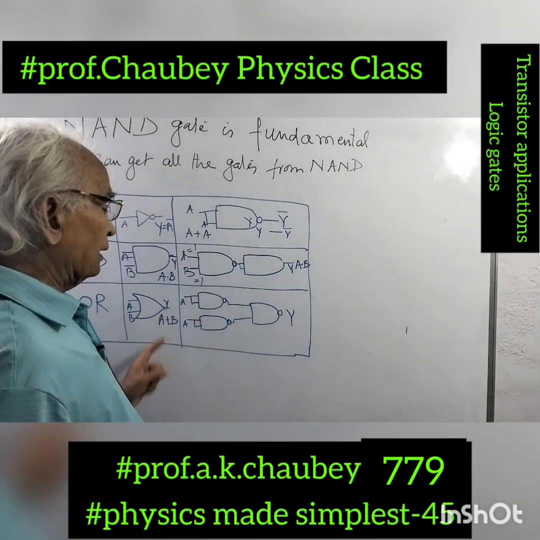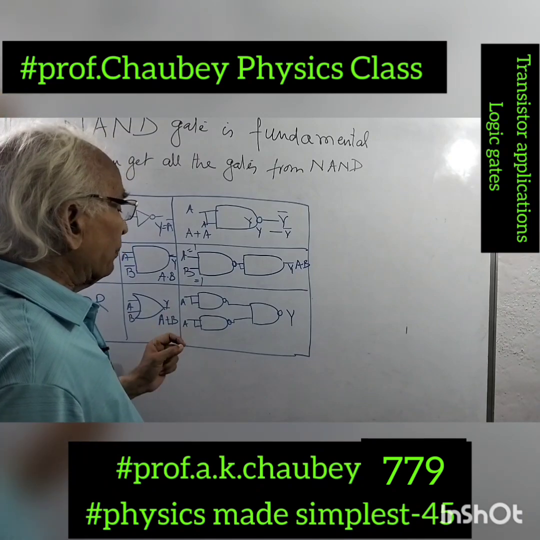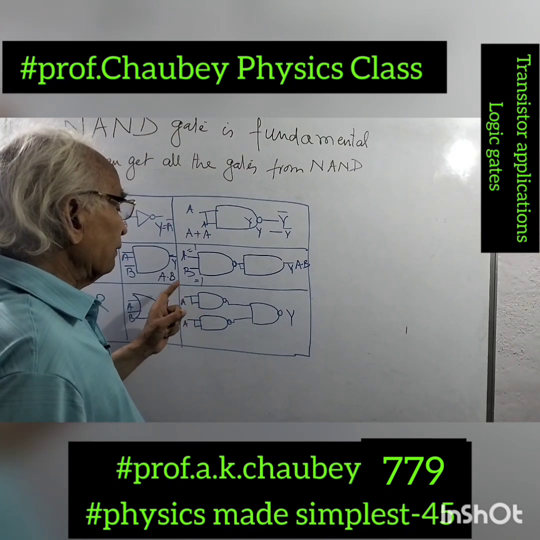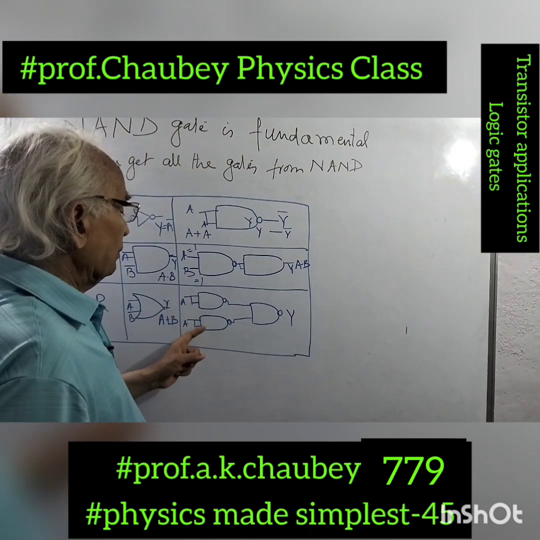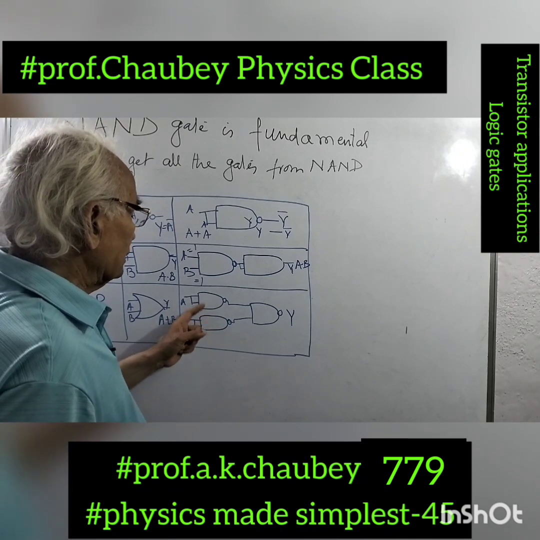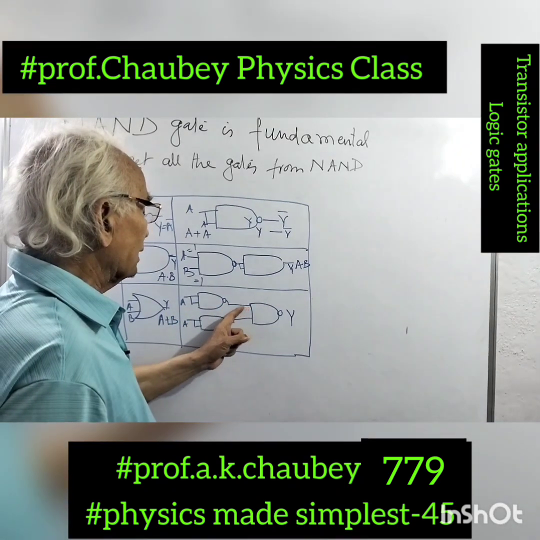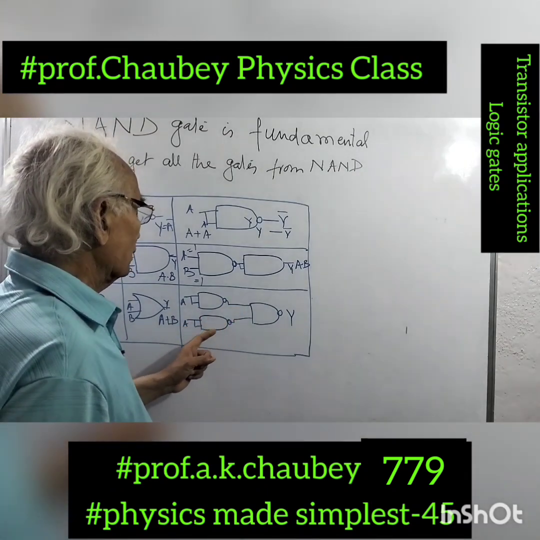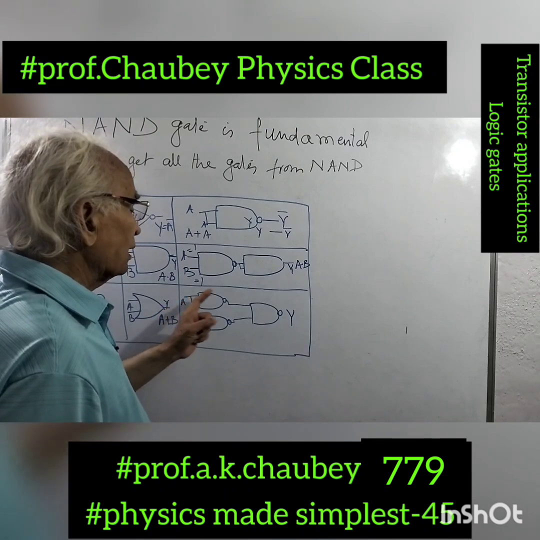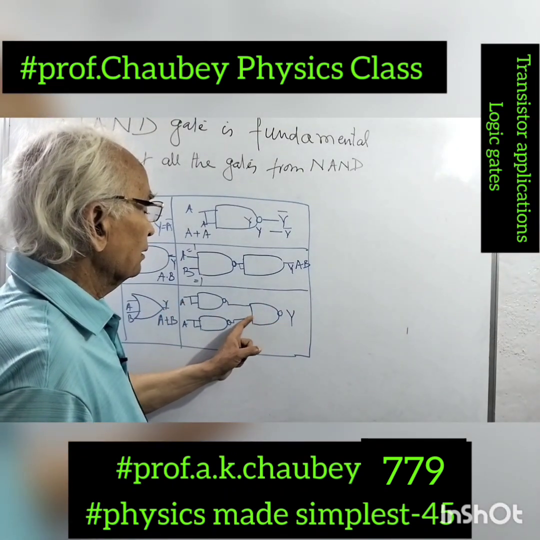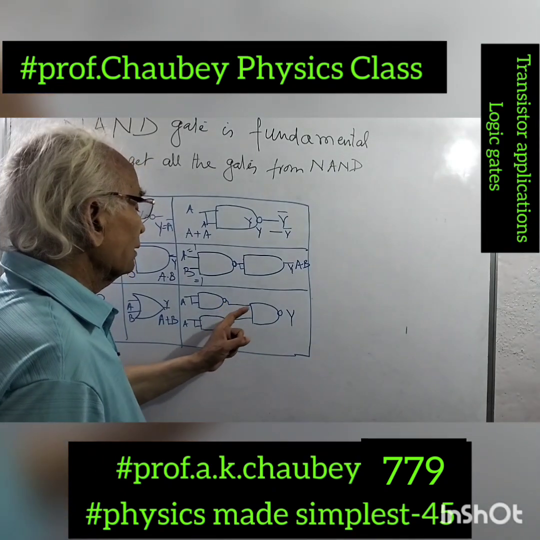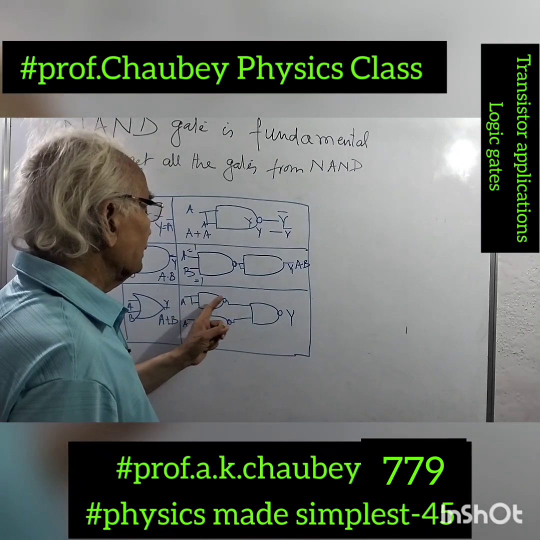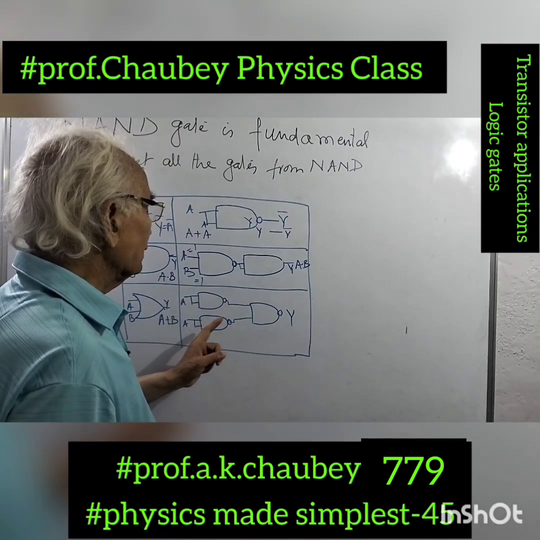So this gives an OR gate, meaning when A and B are both present, we get logic 1 here. When A is there, this NOT gate will not give a pulse here. When A is not there, this will invert, because these are both NOT gates.